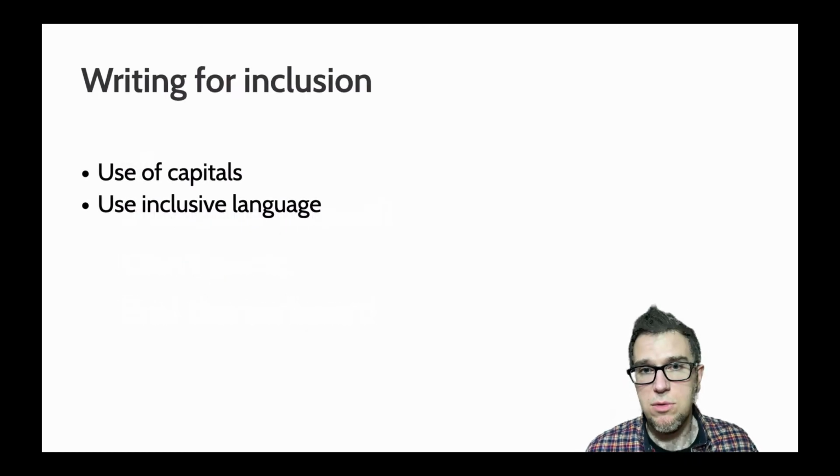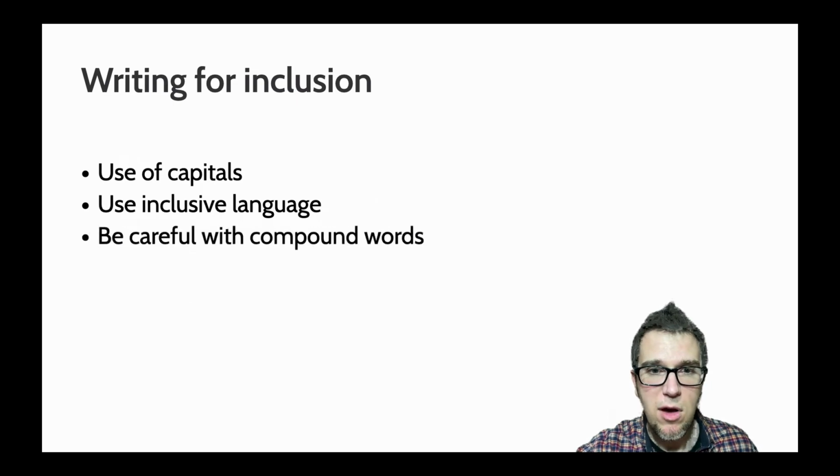Another thing you can do to make your writing more accessible is to be careful with compound words. Now, compound words are commonplace. In fact, commonplace is a compound word. And they've become so commonplace that they've become acceptable in day-to-day use. Grandparents, newspaper, weekend, website.